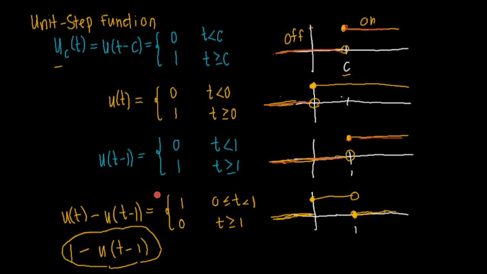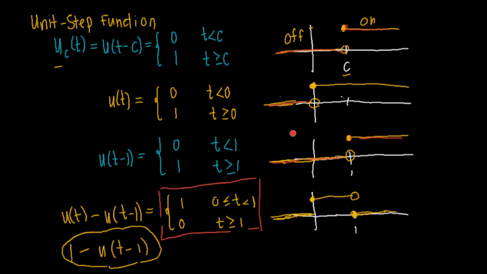Notice here that this resulting function, after we subtract u of t minus 1 from u of t, is our resulting function in our original differential equation. Remember this. Now, how we got this is simply subtracting u of t minus u of t minus 1.